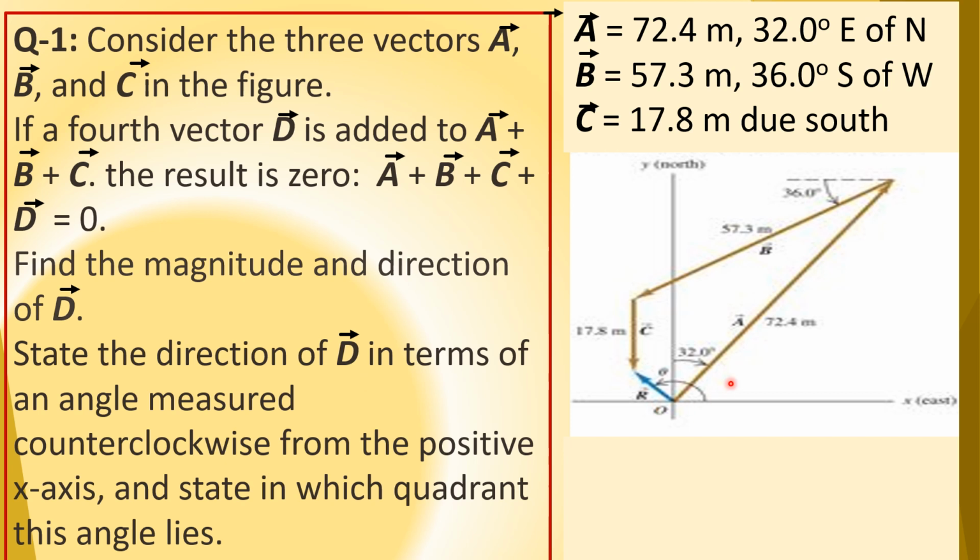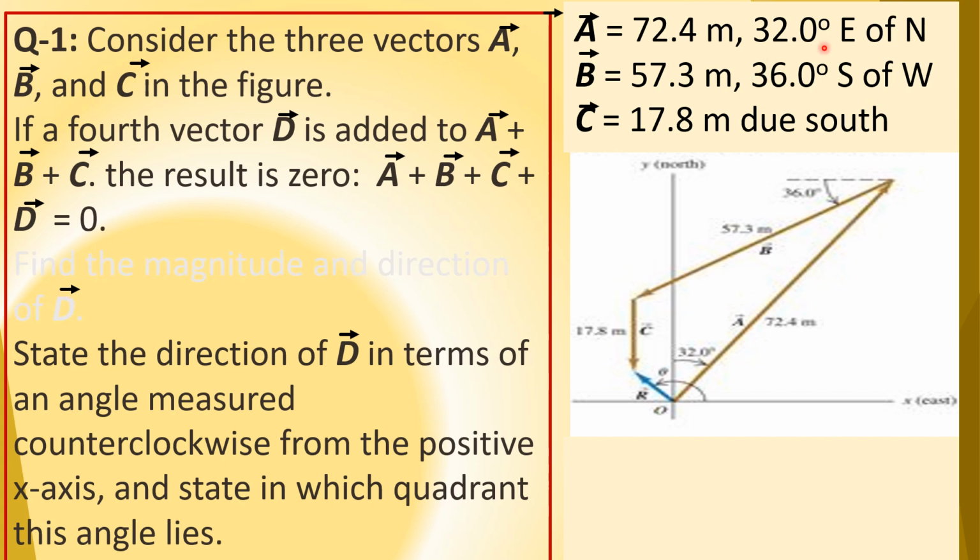So in the figure, we have the y and x axis, and we label vector A as this arrow, right? Its magnitude is 72.4 meters, and its angle is 32.0 east of north.